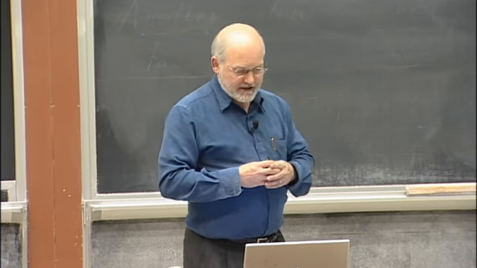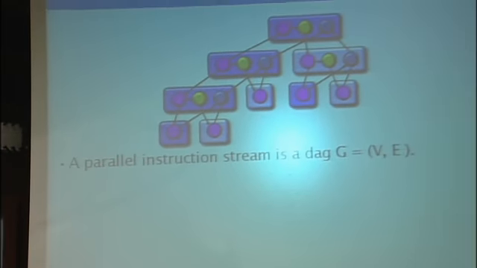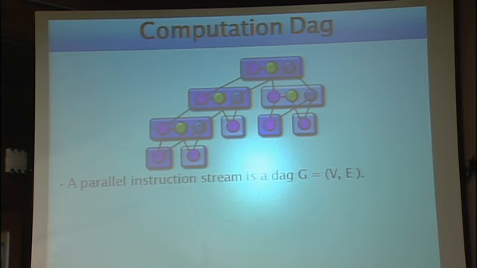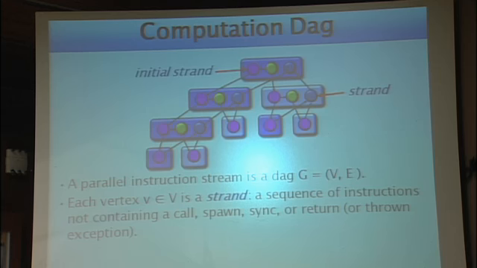So just so that we have some terminology, the parallel instruction stream is a DAG with vertices and edges. Each vertex is a strand, which is a sequence of instructions not containing a call, spawn, sync, or return, or thrown exception, if you're doing exceptions. We're not going to really talk about exceptions much. They're supported in the software that we'll be using, but for the most part, we're not going to have to worry about them.